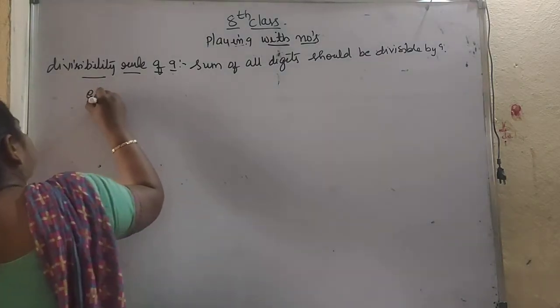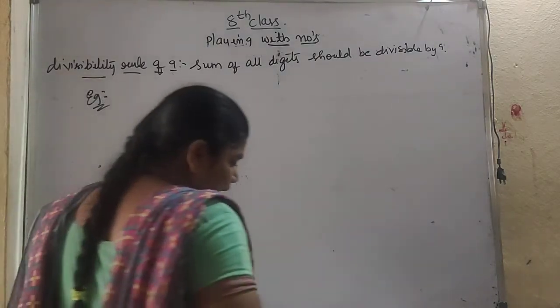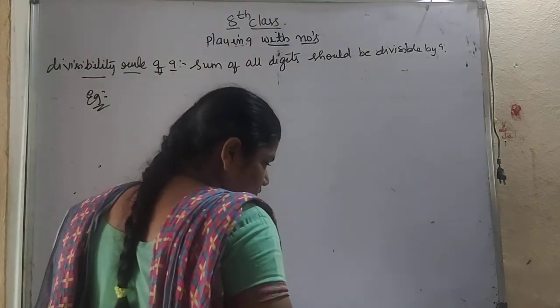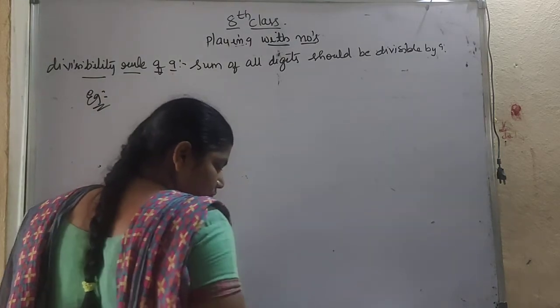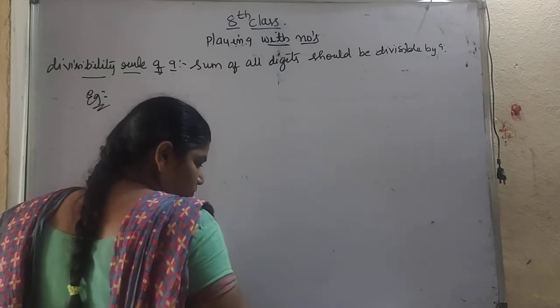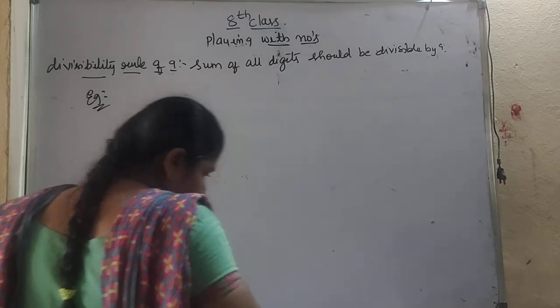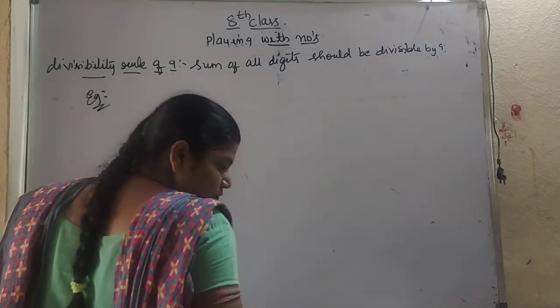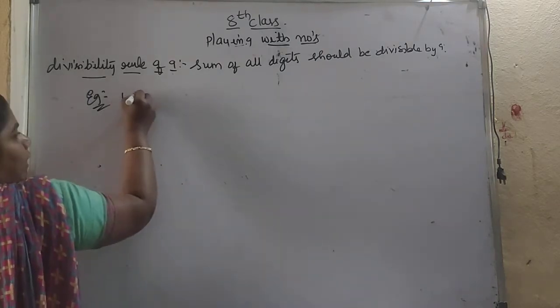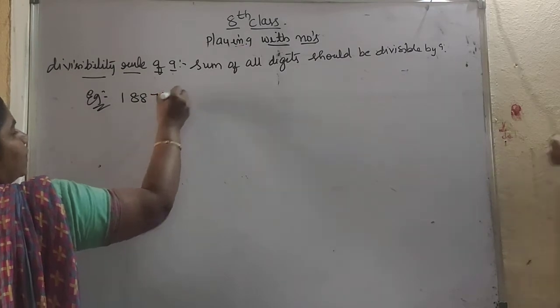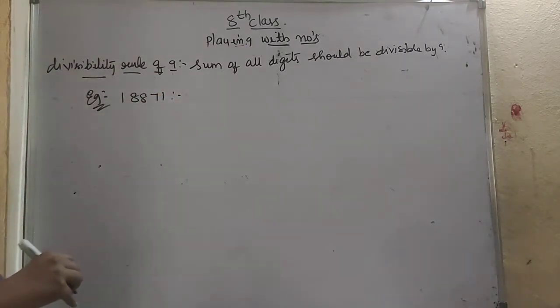You can take one example here, 18871. Whether it is divisible by 9 or not, we have to check.